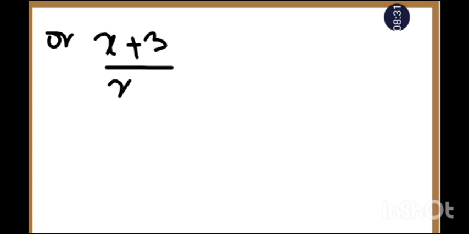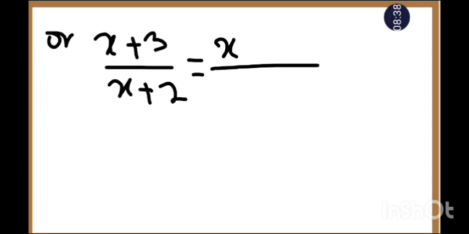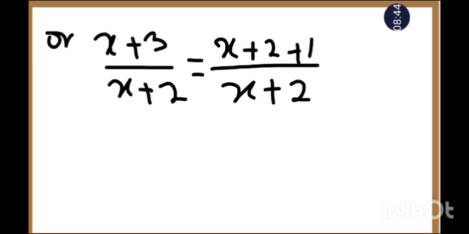Or, since the degree of the numerator is the same as that of the denominator, this is what I can do. x plus 3 can be written, in terms of this denominator, as x plus 2 plus 1 over x plus 2.